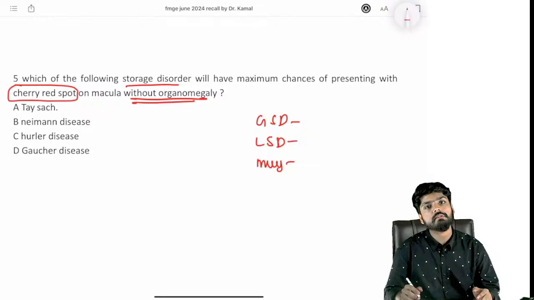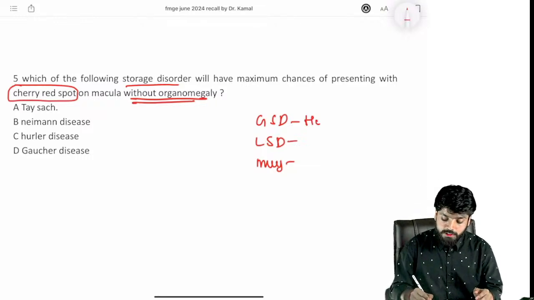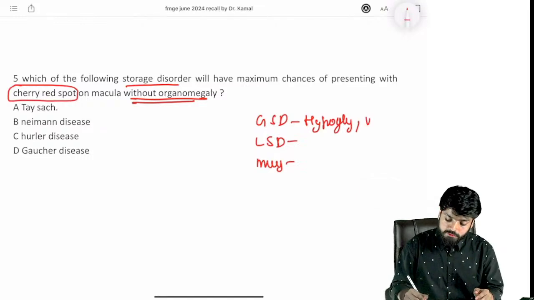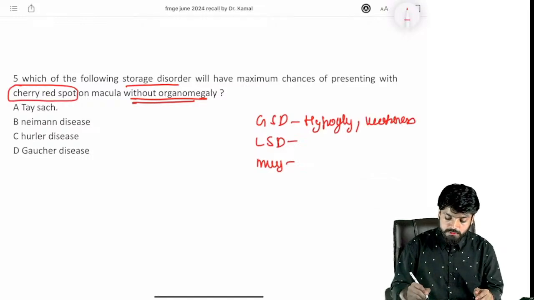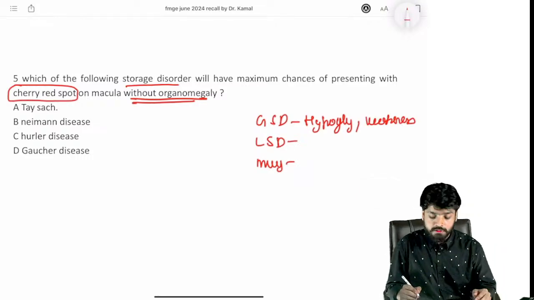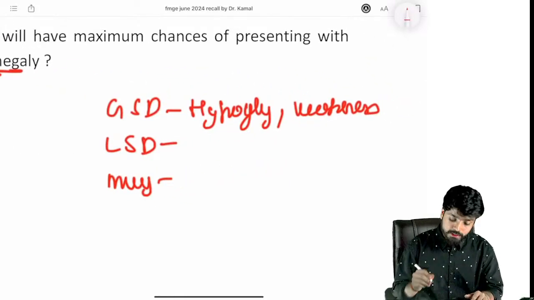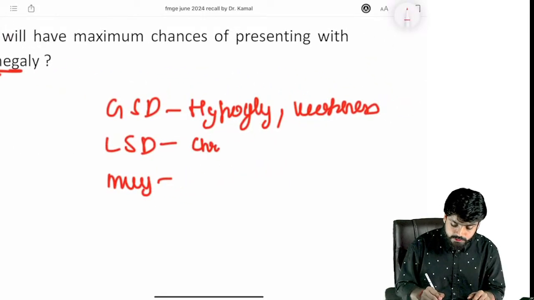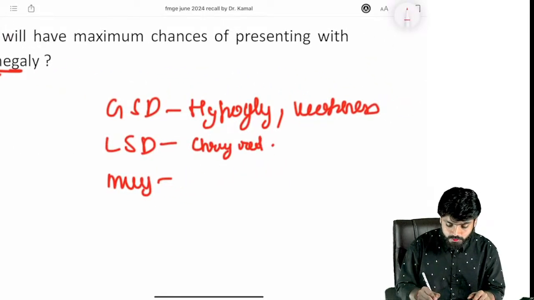In liver related, we have hypoglycemia, and in muscle related we have weakness or exercise intolerance. For lysosome storage diseases, we have two main characteristic symptoms, that is cherry red spot and organomegaly.